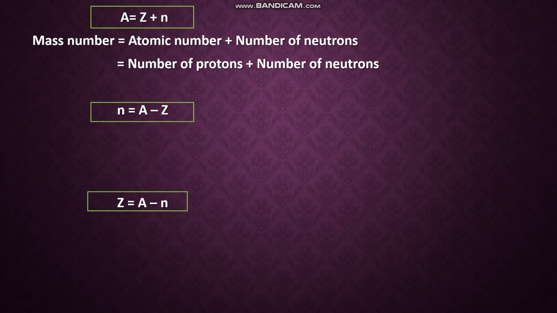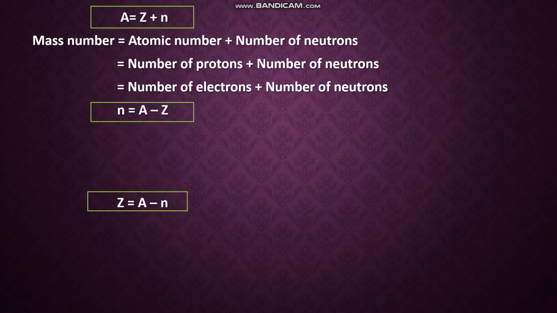As the number of protons is also equal to the number of electrons, we can write it as number of electrons plus number of neutrons. So mass number, how can it be calculated? By adding atomic number and number of neutrons, or adding number of protons and number of neutrons, or by adding number of electrons plus number of neutrons.